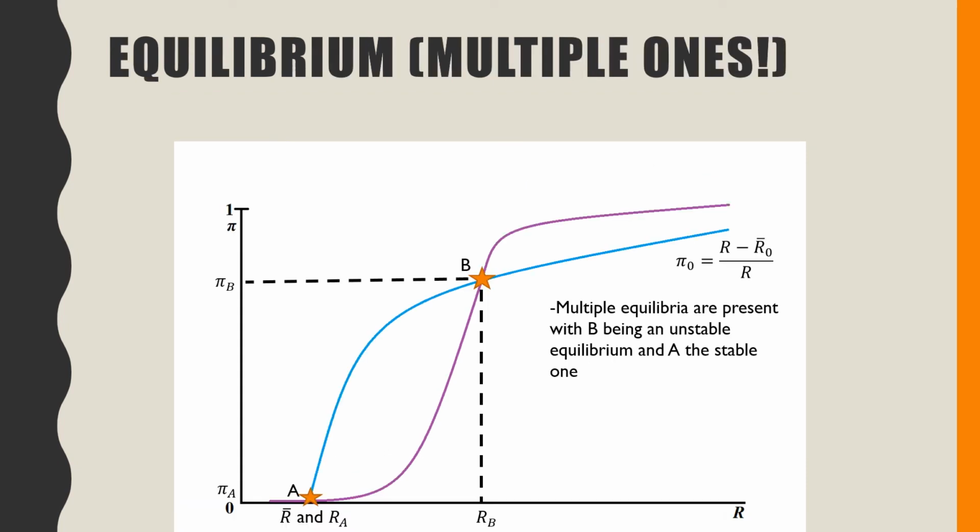Putting these pictures together, we can visualize our equilibrium concept characterized by our pi term. Multiple equilibria are present, with B being unstable and A being the stable one. The reason why B is unstable is that it's not necessarily true that by offering interest rate B, they'll be able to elicit those funds, while at A, it is true that they'll be able to do that.